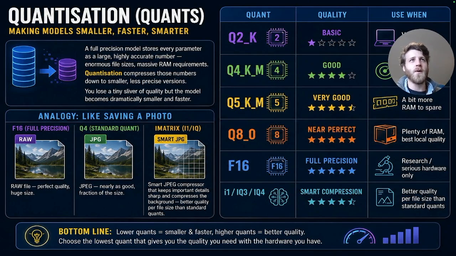A full precision model stores every parameter as a large, highly accurate number, enormous file sizes, massive RAM requirements. Okay, so that's down here, our F16 full precision.